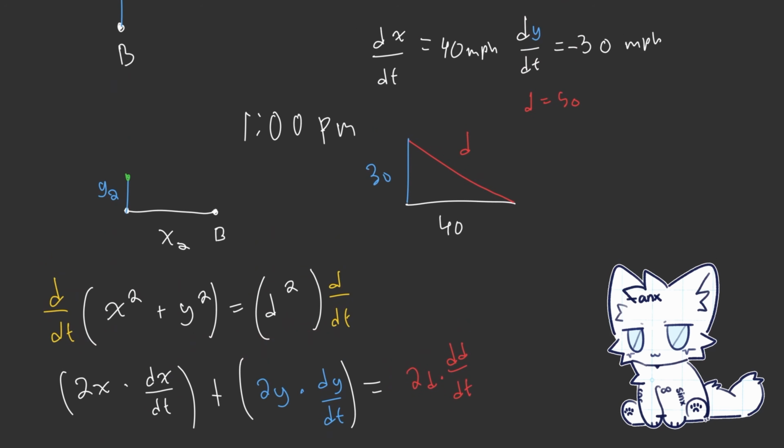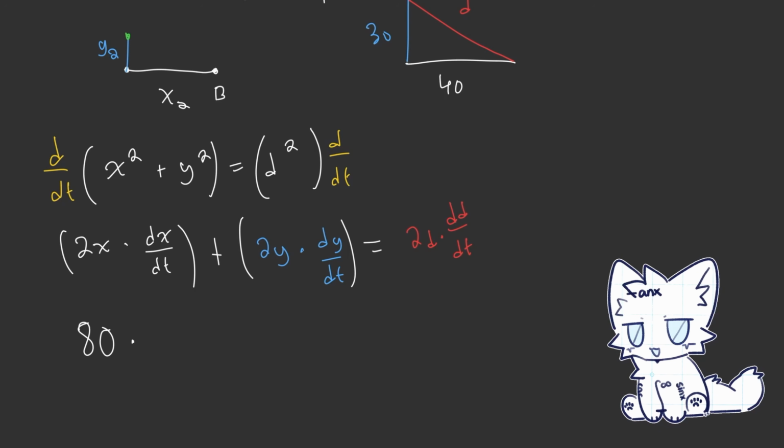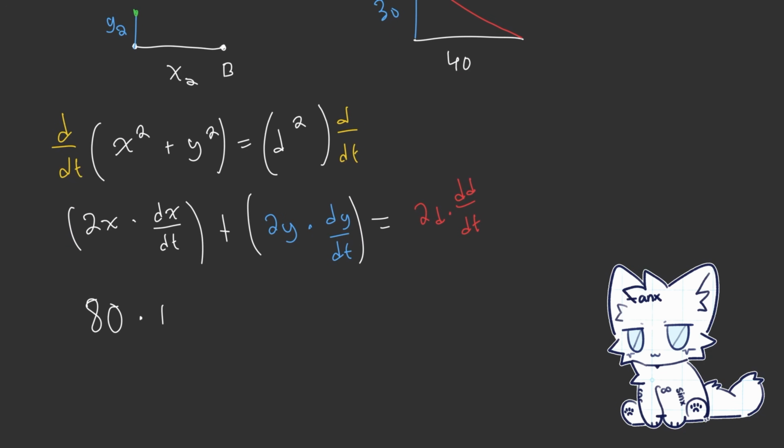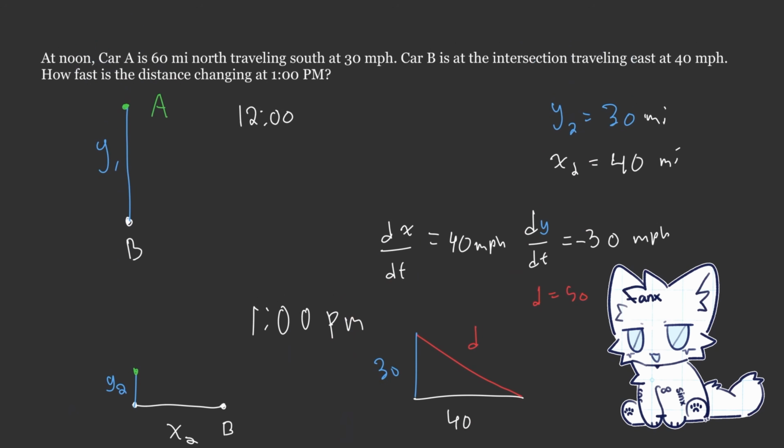So at 1 p.m. x distance is 40. 40 times 2 is 80 times the change, which is 40 miles per hour in the positive direction, plus 2y. y is 30. 30 times 2 is 60 times the change in y with respect to time.